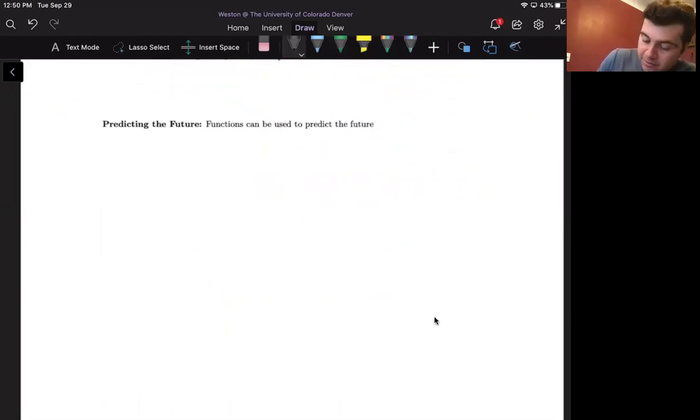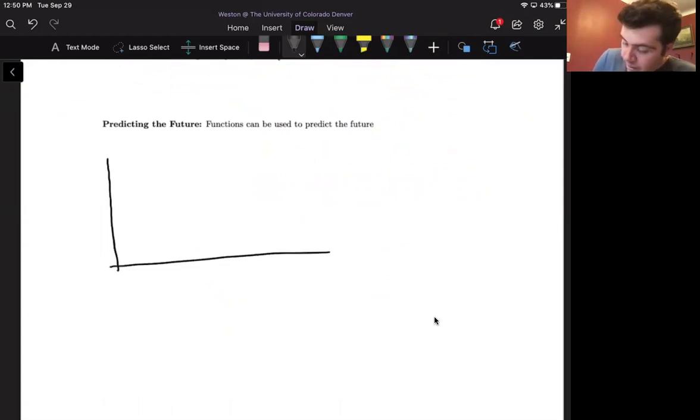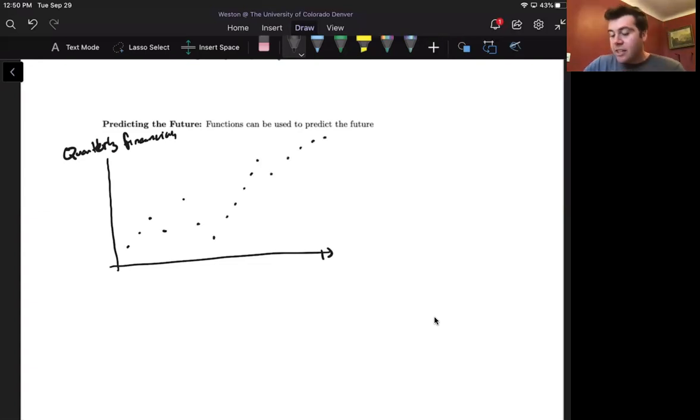In particular, you might have a business with quarterly financials. And maybe they look something like this, where they had a couple good quarters, maybe a bad one, it picked up well, they declined for a little bit, started to go up, you get a bad quarter, but then you get back on footing and it looks like it's leveling off a little bit.